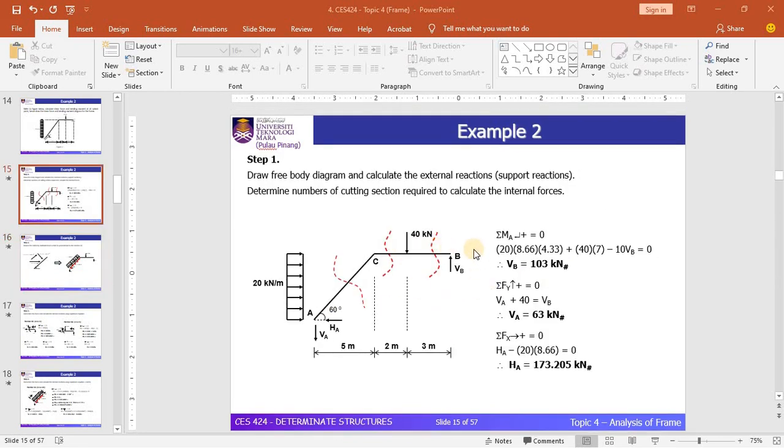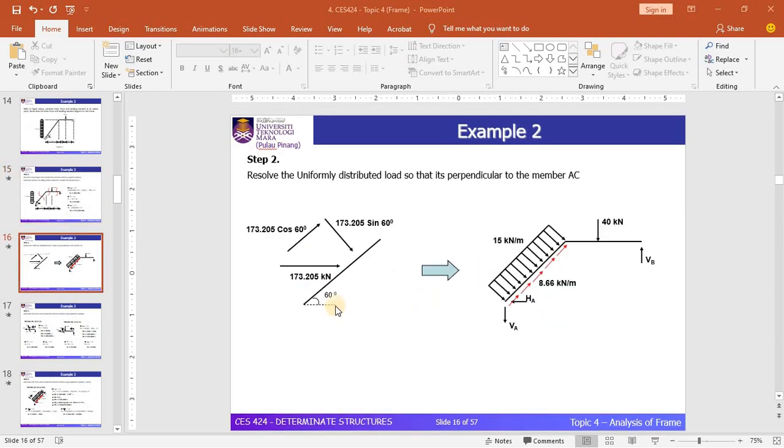The global axes for this frame are: this is the vertical global axis, and this is the horizontal global axis. Now we will focus on the local axis of the member. The local axis of this member is this way, so this is the vertical local axis and this is the horizontal local axis.